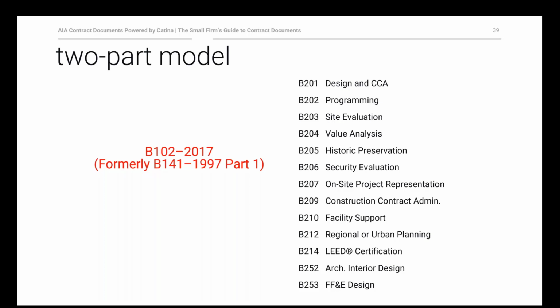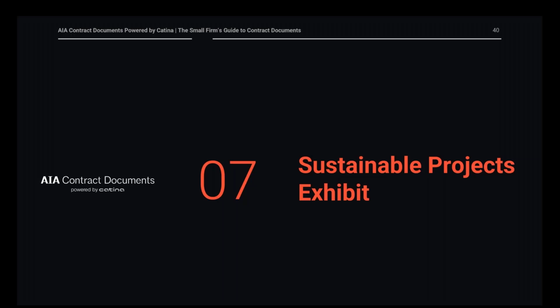So these are the scopes, and you can, again, use them with the B102, or you could also bolt some of these on to a B101 if you're going to do things like historic preservation or detailed programming, or provide some other services that might not be covered by the general scope of the 5 phases of services that you find in the B101.